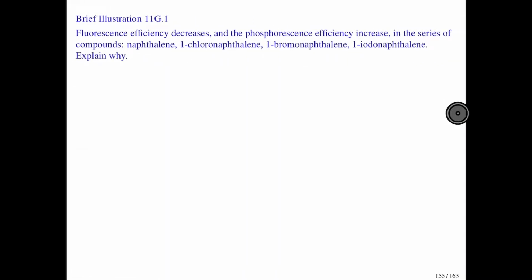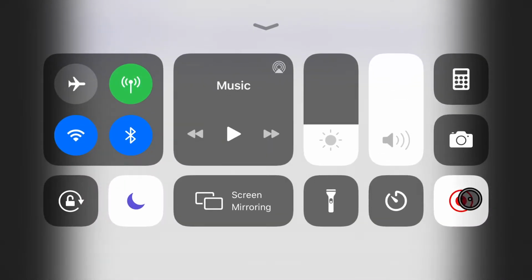And that's represented here in this problem. The observation is that fluorescence efficiency decreases and phosphorescence efficiency increases in this series here. Here, I'm going to pause this just for a second here.